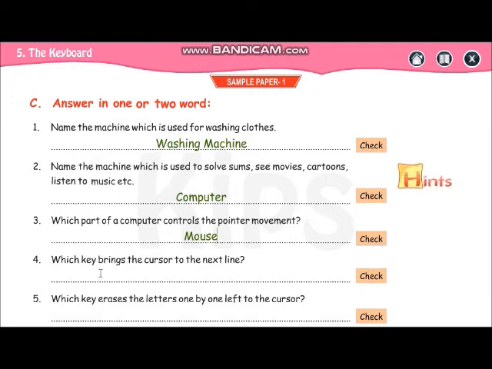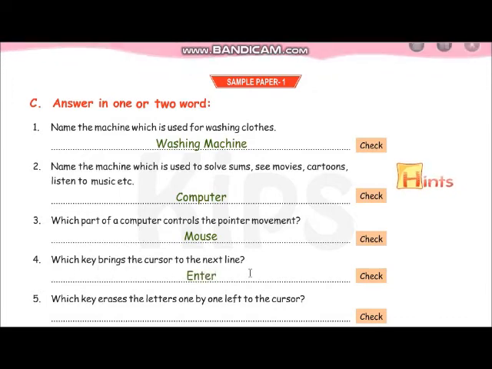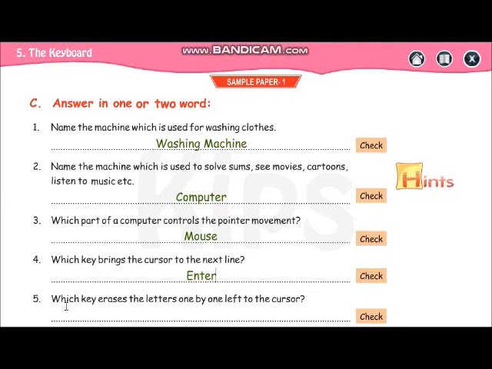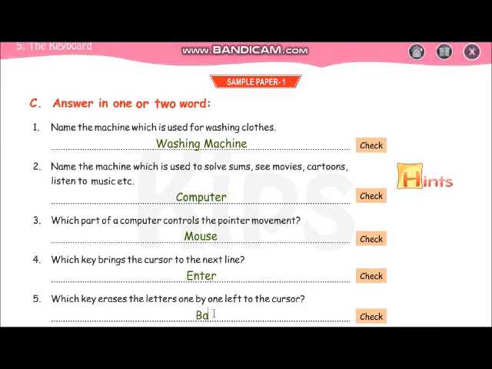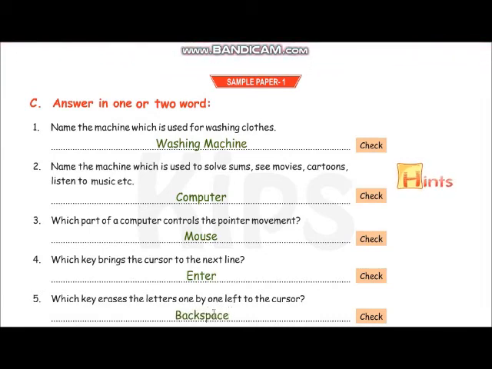Which key brings the cursor to the next line? Enter. Which key erases the letters? Okay, one by one, left to the cursor. Backspace key.